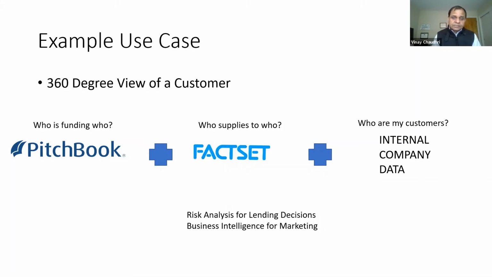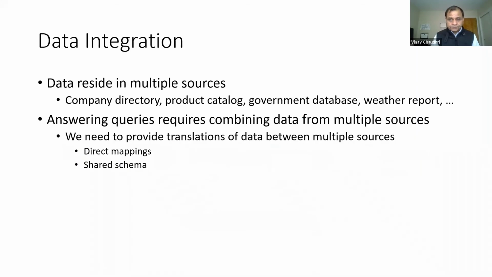Similarly, for business intelligence purposes, if they want to do targeted marketing for startups who have recently raised huge rounds of funding, they would need information of the sort which is in PitchBook, but they have to be able to combine it with what they know about their customers internally. So solving this problem requires doing data integration. They have to be able to combine information coming from these different sources into one unified view.